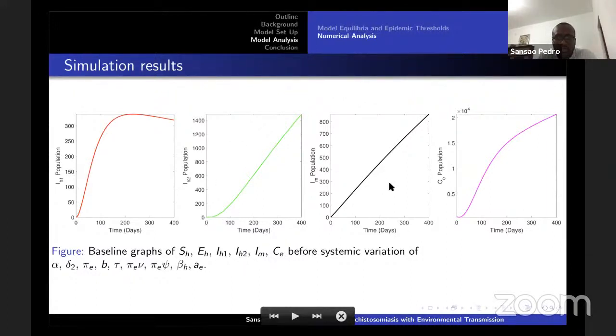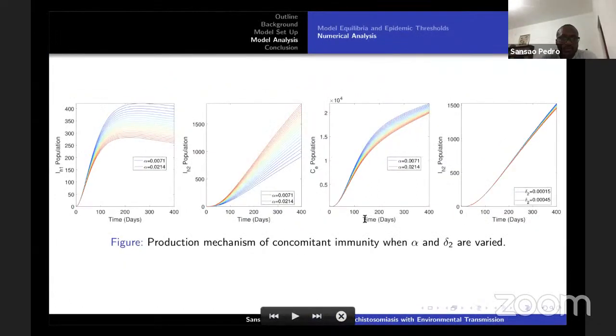These are typical behaviors: over time, a reduction in the susceptible, and an increase in the infected population. This is a simple representation of what we would expect for R naught greater than 1. And from there, we vary some parameters.